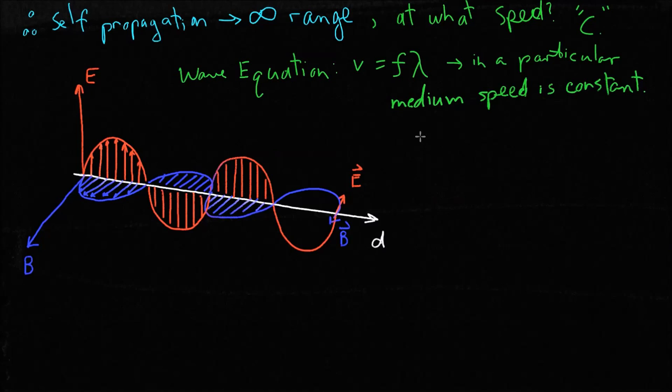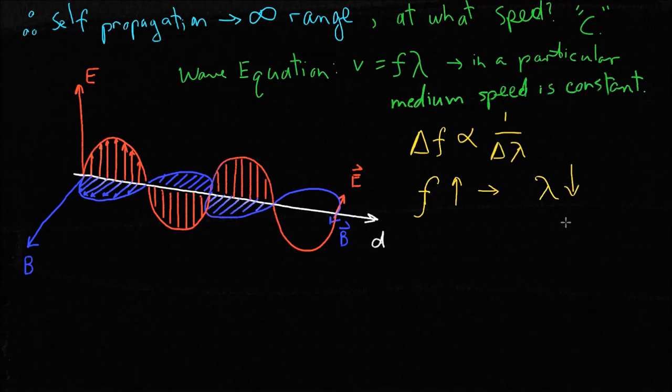And so we know then that if the velocity is constant, the frequency must be inversely proportional to the wavelength. So if the frequency goes up, the wavelength must go down, or the wavelength must get shorter for a higher pitched sound or for a higher frequency light wave.